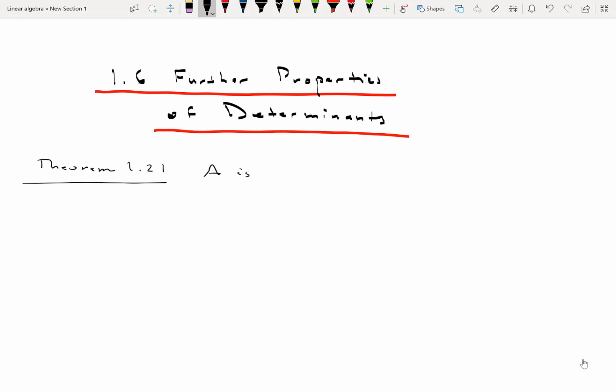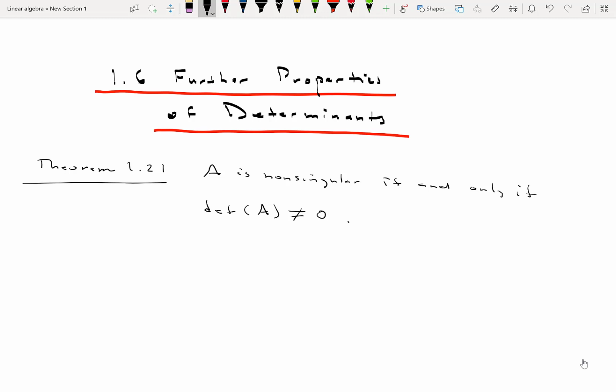So A is non-singular if and only if the determinant of A is not 0. So again, we go back to invertible matrices.